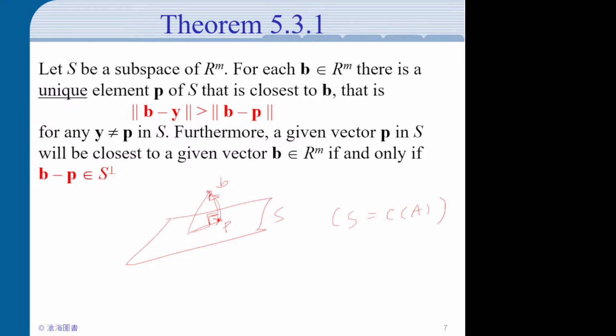This closest point exists, and when it happens, then you have this b minus p, which we call z. If the z vector is orthogonal to S, then this p is the closest point. If you think about it geometrically, it's kind of trivial.